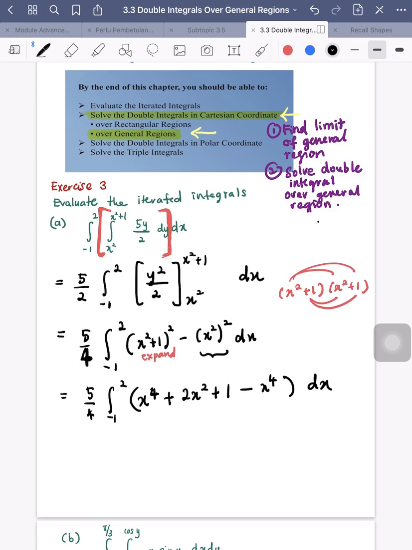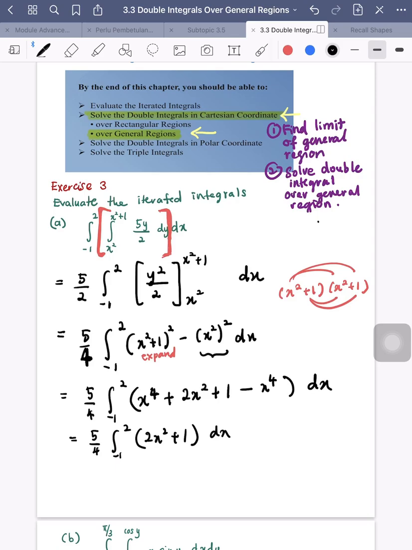Now I simplify again. We have x to the power of 4 minus x to the power of 4, so I can cancel out these two. When you simplify it, you will get the integral from negative 1 until 2 of 2x squared plus 1 dx.